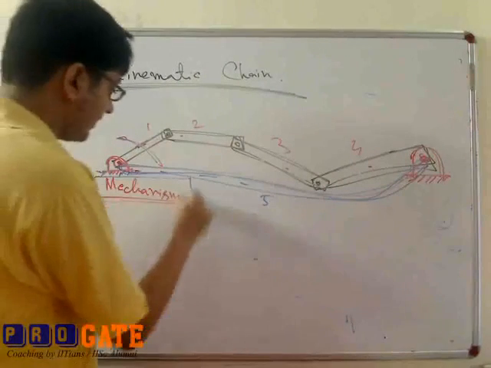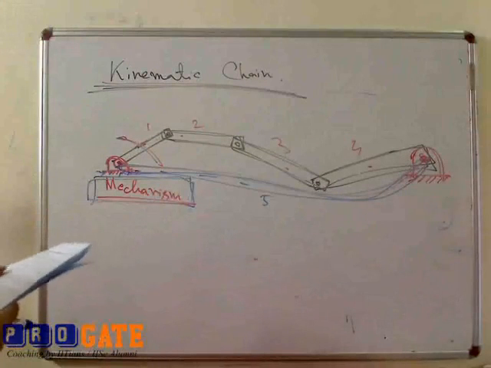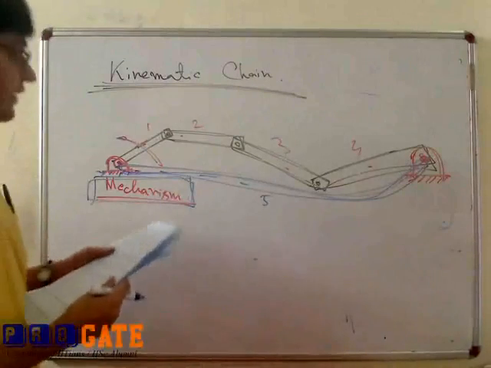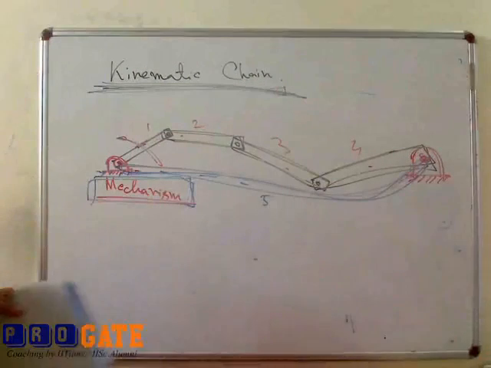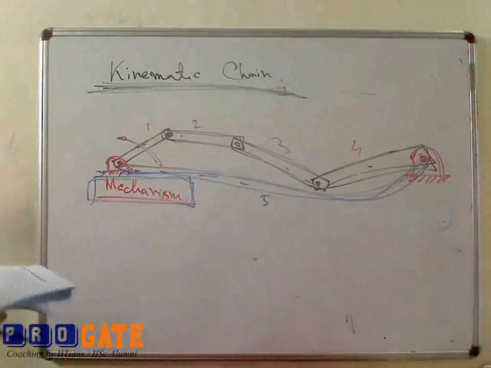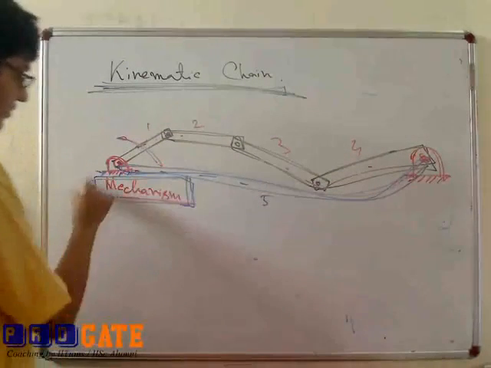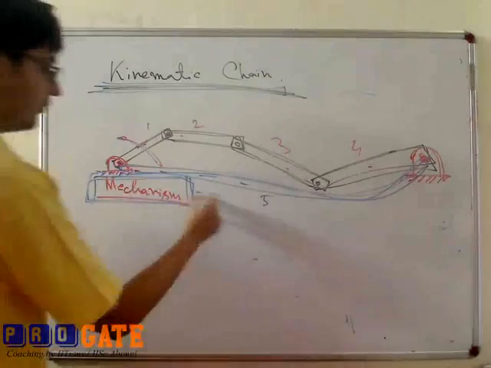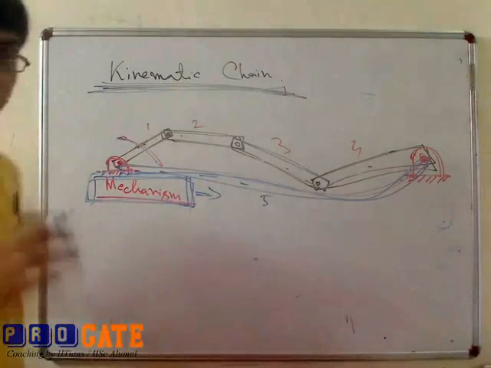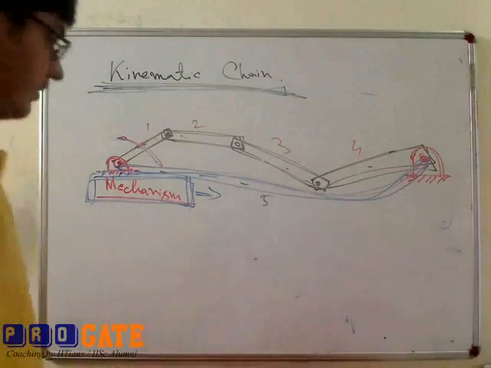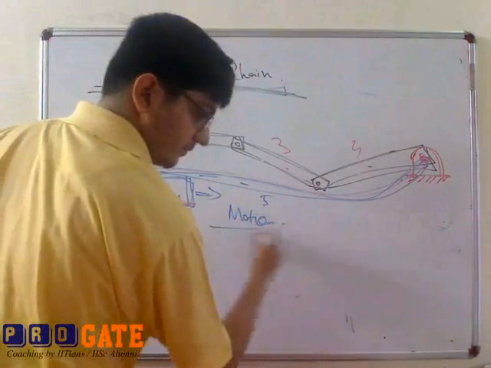Then this system is known as a mechanism. So if you fix any link of a kinematic chain, this is known as a mechanism. The objective of any mechanism is to transfer motion, not force.